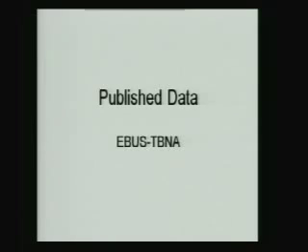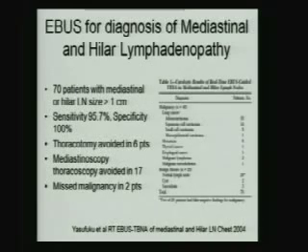What's our diagnostic accuracy? The first series reported on EBUS was in 2004 from Japan. This study looked at EBUS for diagnosis of mediastinal and hilar lymphadenopathy in general. They had 70 patients with enlarged mediastinal hilar lymph nodes, size more than 1 centimeter by CT. They reported a sensitivity of 95.7% and a specificity of 100% for the diagnosis.